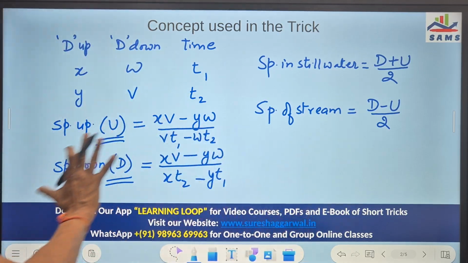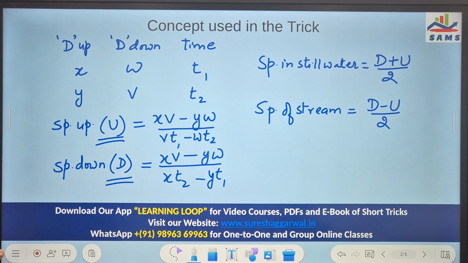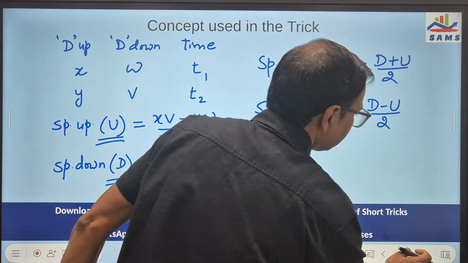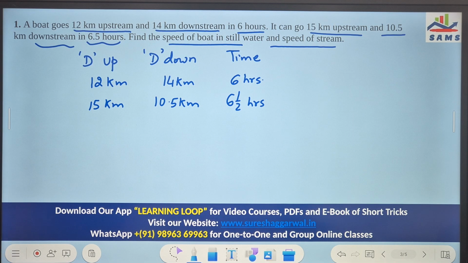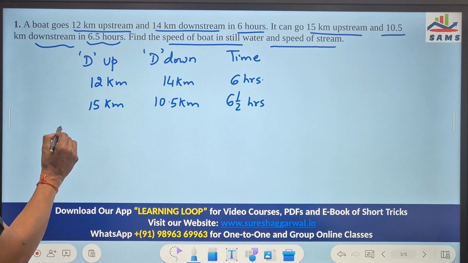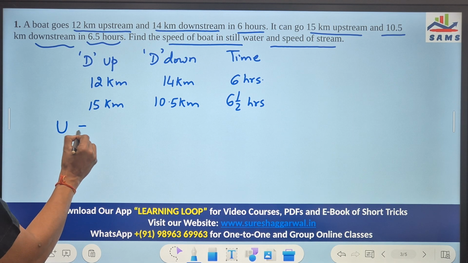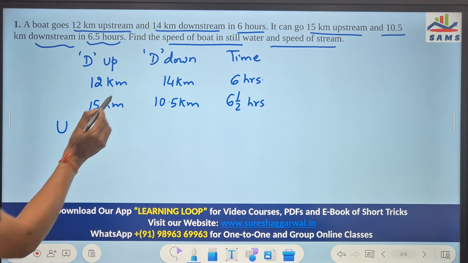So you can take a screenshot of how the method is going to work, because after this we are going to apply it to solve some questions. Probably the question which I listed down here, this one, we will do this first. For finding the speed upstream, that is u, I told you we have to do cross multiplication like this.